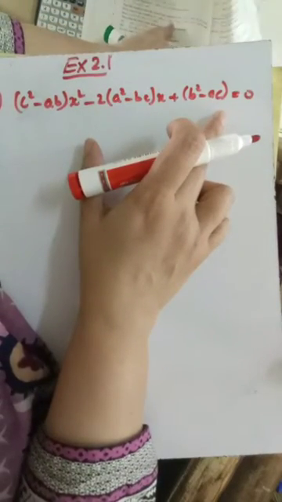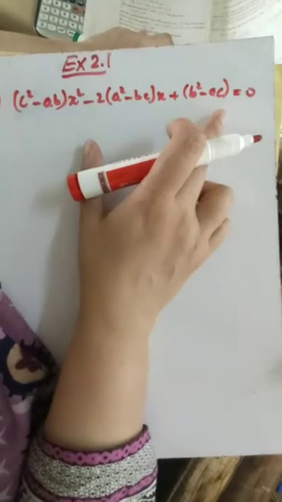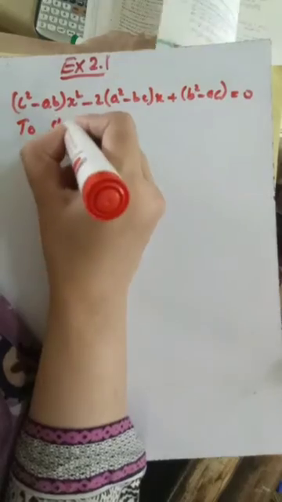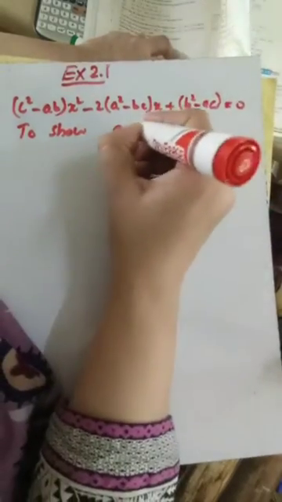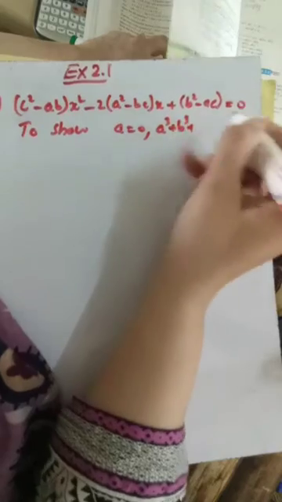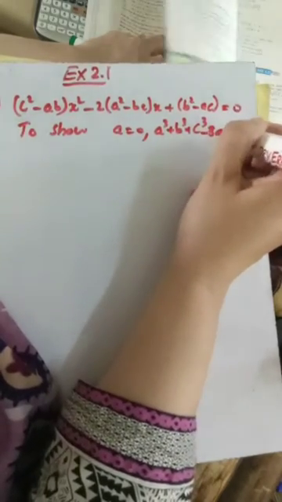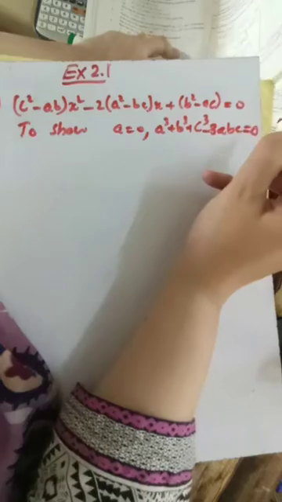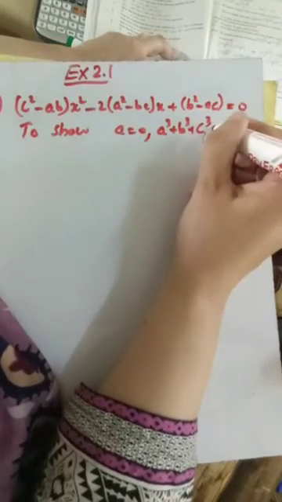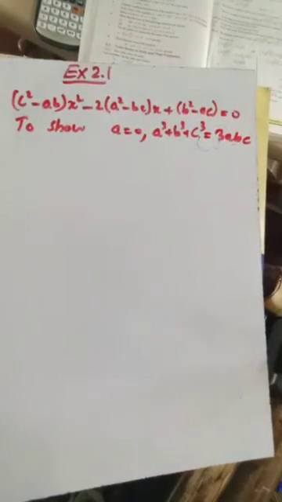And they are saying that if the roots of this equation are equal, then show that either a is equal to 0 or a cube plus b cube plus c cube is equal to 3abc. We have to show that if this expression has equal roots, then a should be equal to 0 or a cube plus b cube plus c cube minus 3abc is equal to 0.